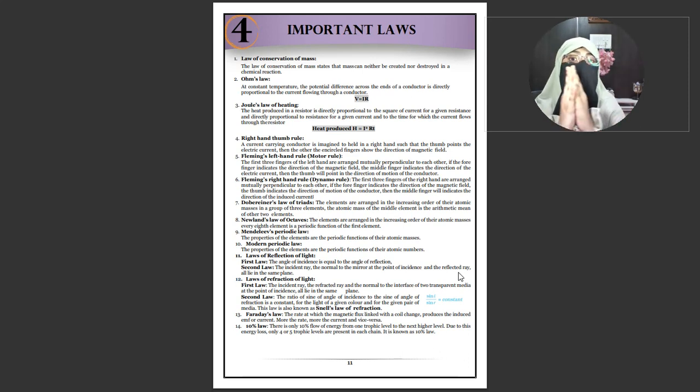In basic words, it is completely dependent upon the current flowing through the conductor.